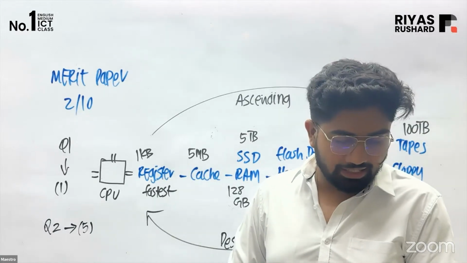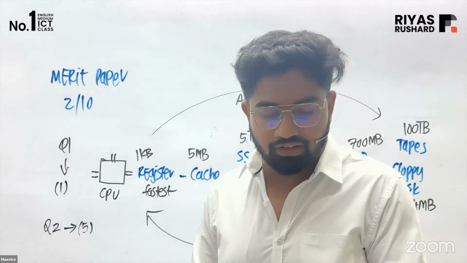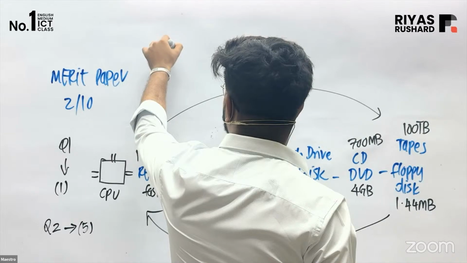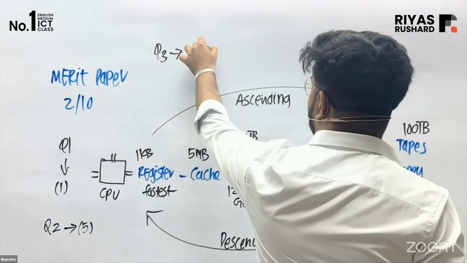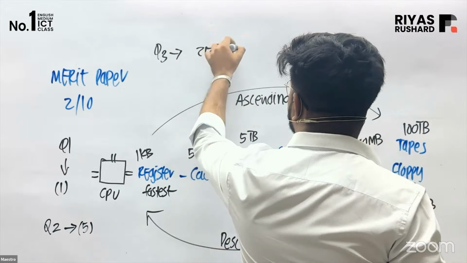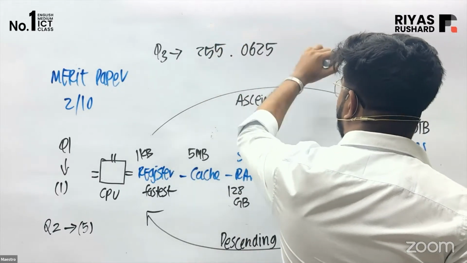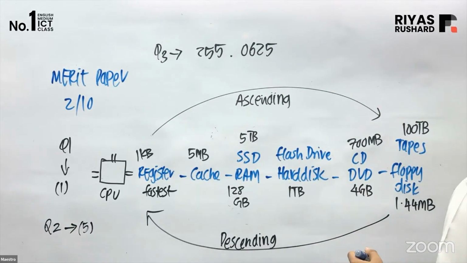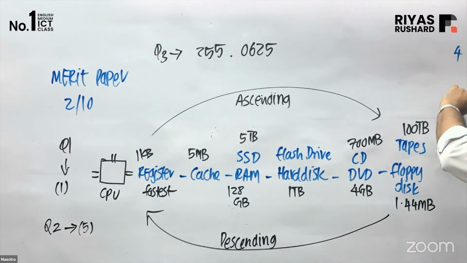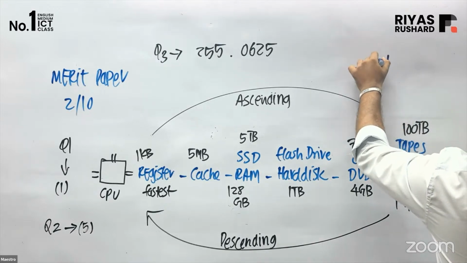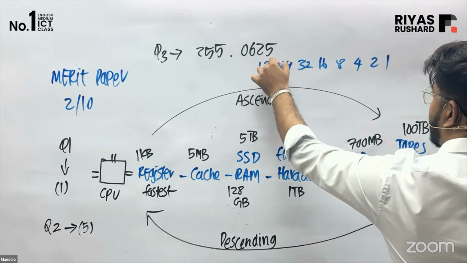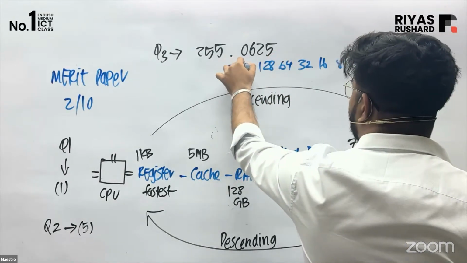Question number 3, the hexadecimal equivalent of decimal 255.0625. You all have to convert this 255.0625 into binary. This is how the values will be: 1, 2, 4, 8, 16, 32, 64, 128, 256.